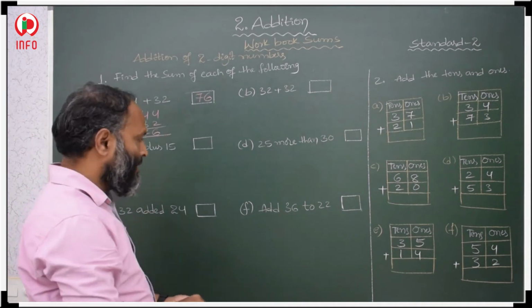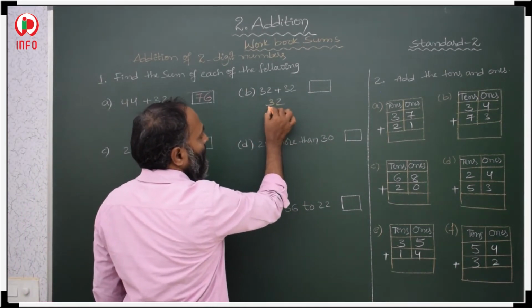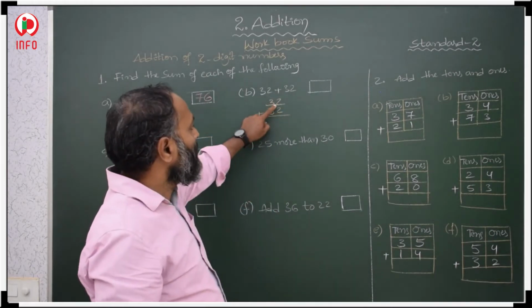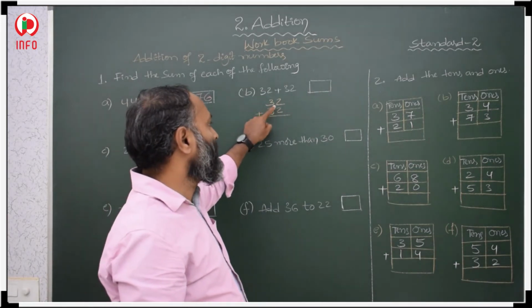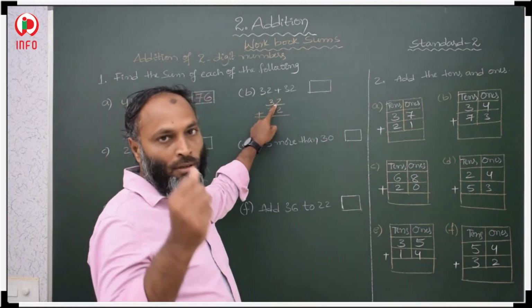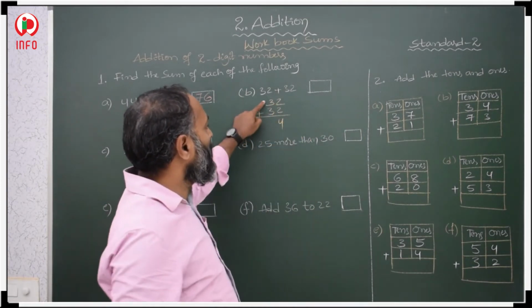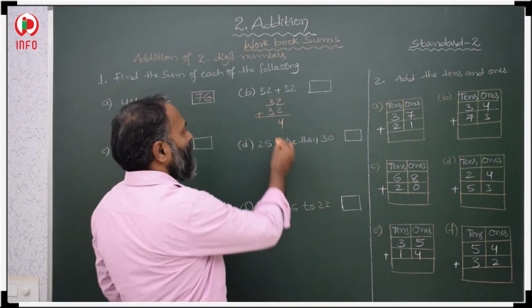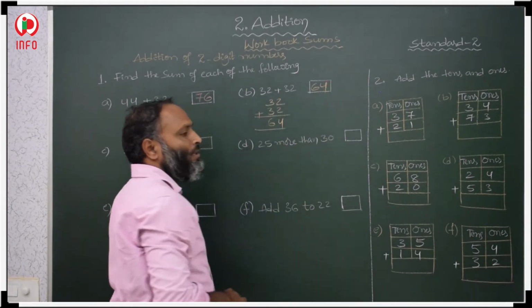Next, 32 and 32. We have to add ones places first, then after that tens places. 2 plus 2, 4. 3 plus 3, 6. Answer is 64.